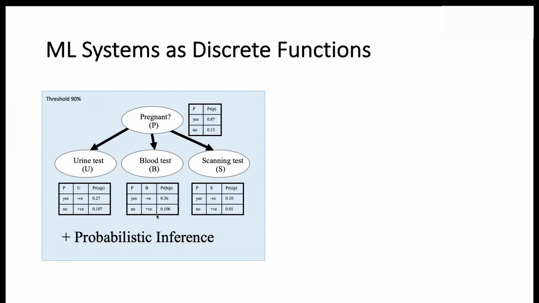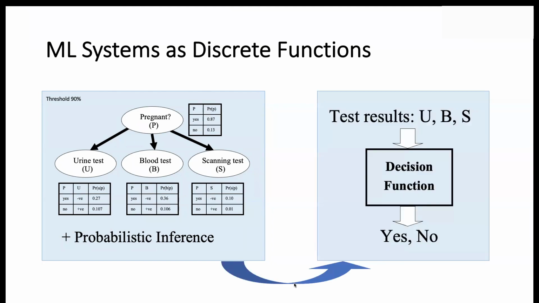The interesting thing here is that these numbers are typically learned from data. But then to render a classification, to render a decision, you have to do probabilistic inference. Interestingly enough, the input and output of this classifier are discrete, because the features U, B, and S are even binary, true or false, and the output is a yes-no decision.